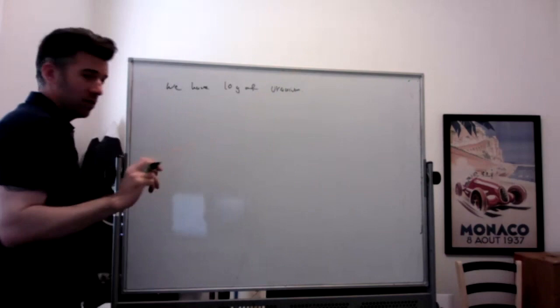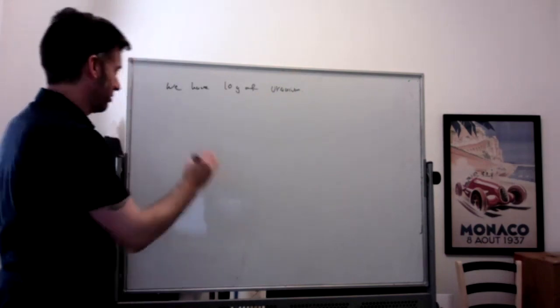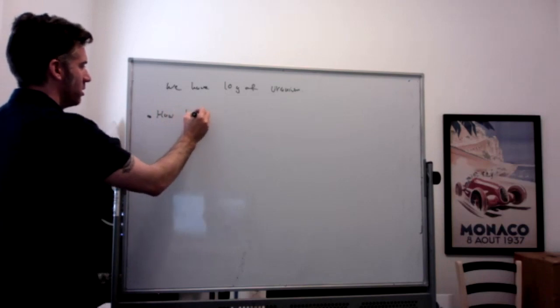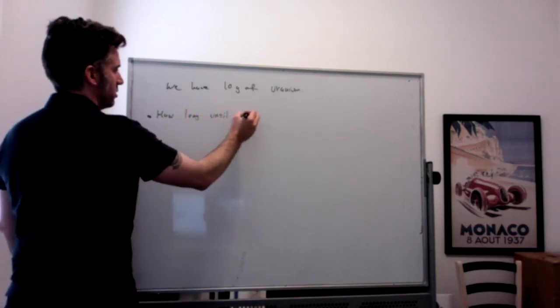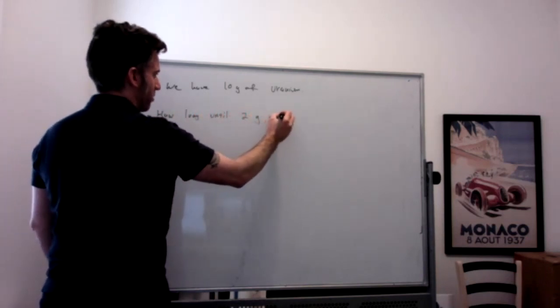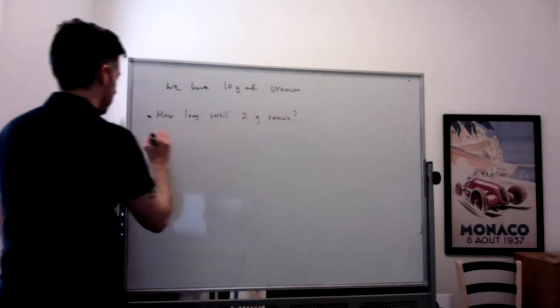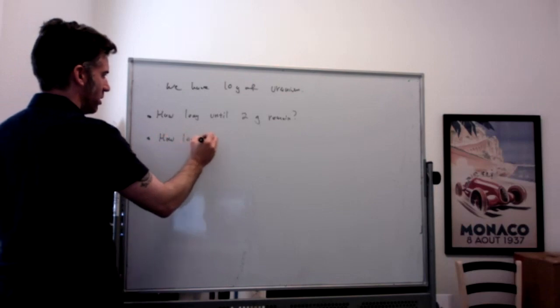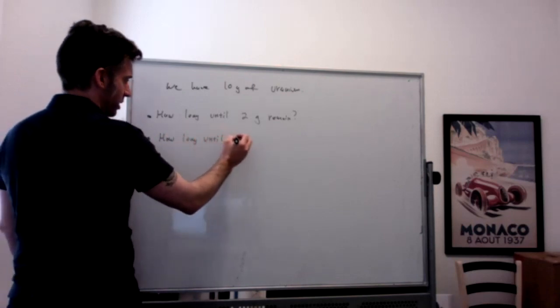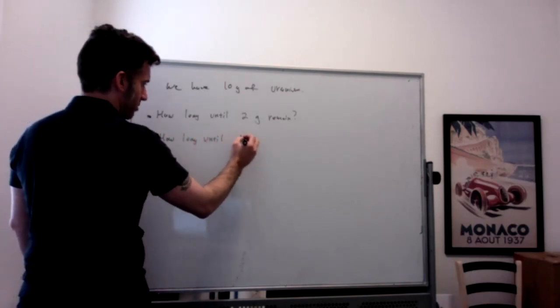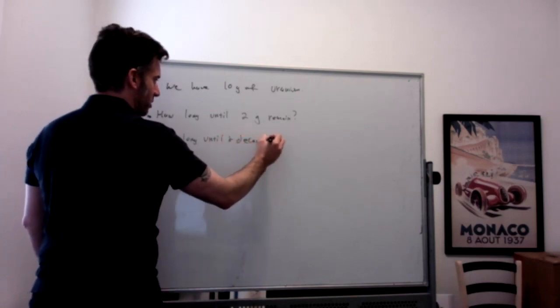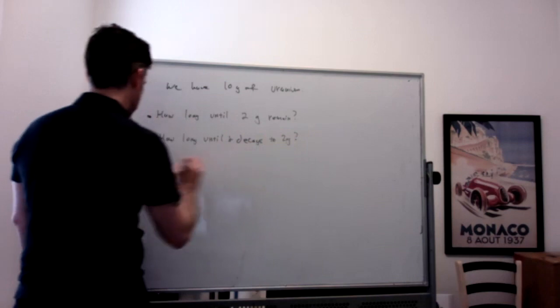The following statements all mean the same thing. How long until 2 grams remain? How long until we decay to 2 grams? And how long until it decays to 2 grams?